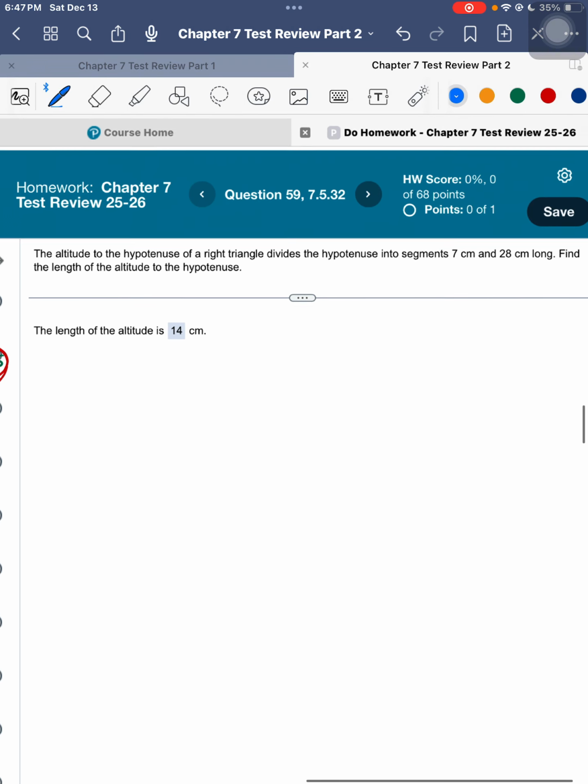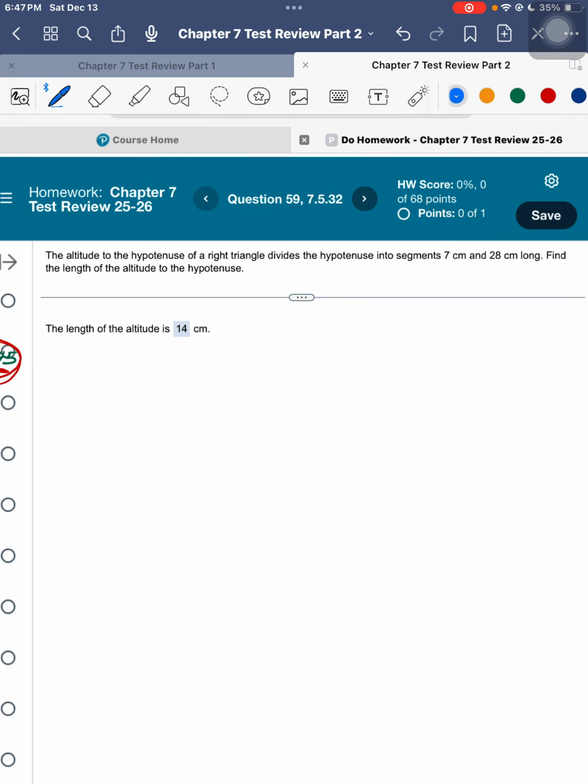All right, this question is so easy because, okay, let's read it. The altitude to the hypotenuse of a right triangle. So let's draw a right triangle. The altitude to the hypotenuse of a right triangle divides the hypotenuse. What's the hypotenuse right now?